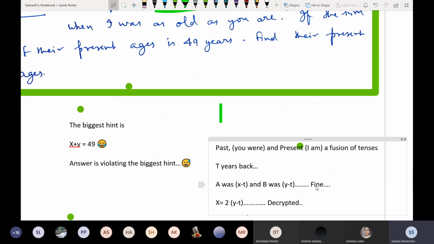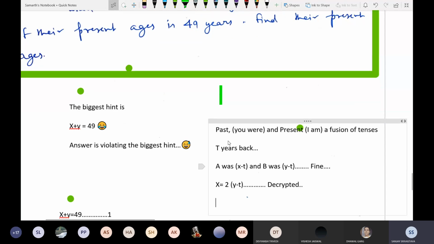Now read the second line. Because A is saying the complete sentence, in the continuation after the comma, when I was means A is talking about his past age.